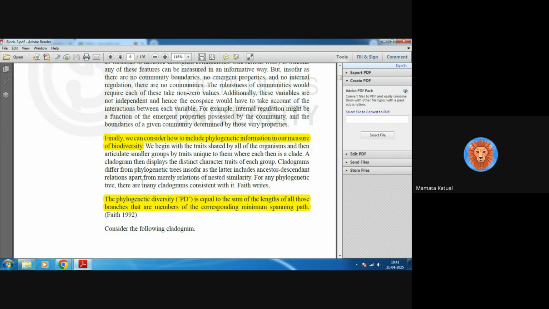And when they are morphologically different and taxonomically not close, then they are also different through evolution.